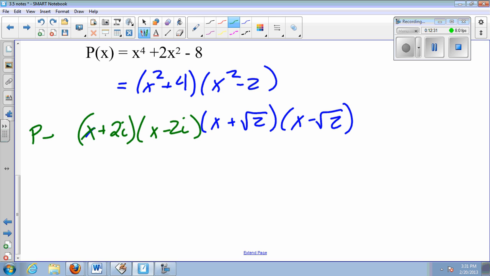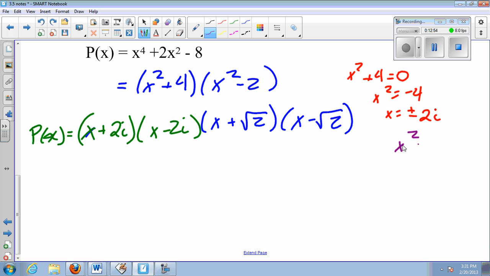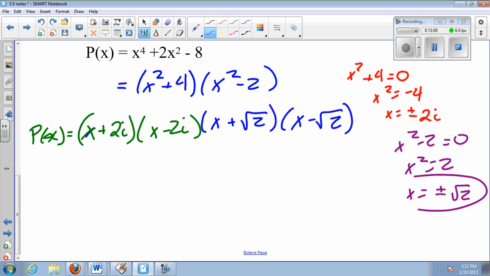The way I'm getting these numbers is if I took x squared plus 4 equal to 0 and solve for x, I would get x to be positive and negative 2i. Just like if I took x squared minus 2 equal to 0, I get x squared equals 2, and I would get x equal plus or minus root 2. And then I'm just plugging in these numbers into the linear factors. Oops, that one actually goes further.